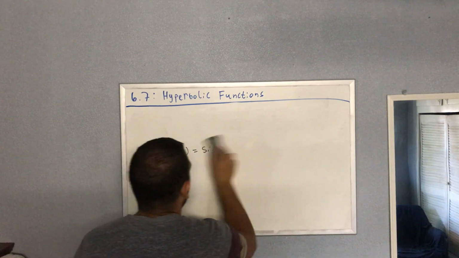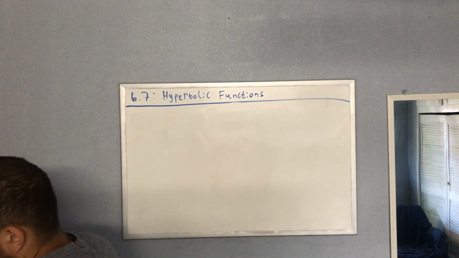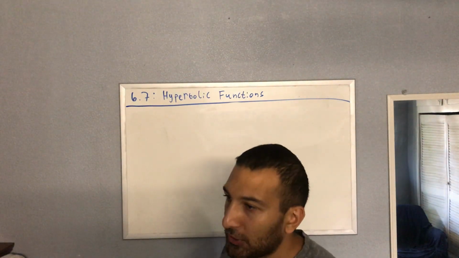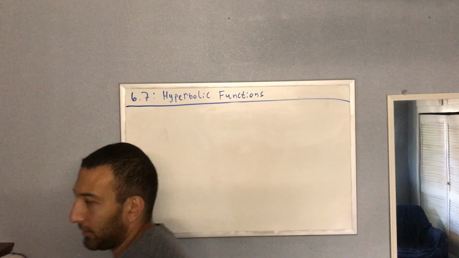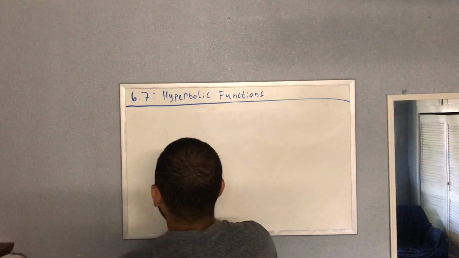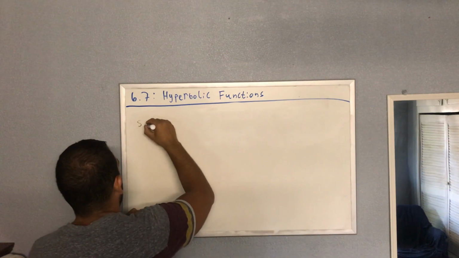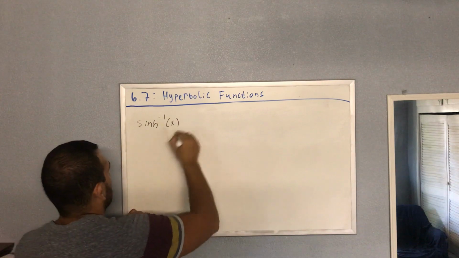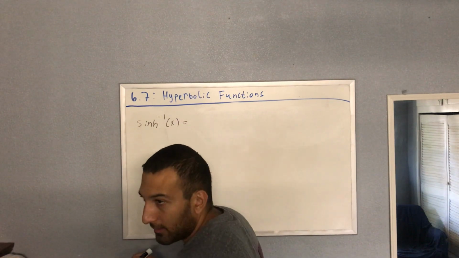And so the three main ones that we care about are the ones for sine h, cosine h, and tangent h. And so the inverses exist. And they're actually given by a specific formula. You can actually solve for the formula. So inverse hyperbolic sine is given by this.